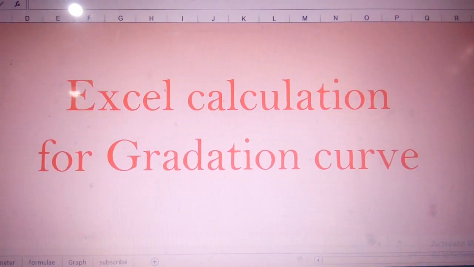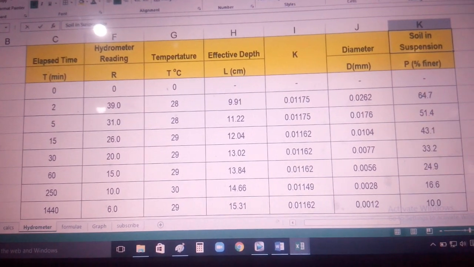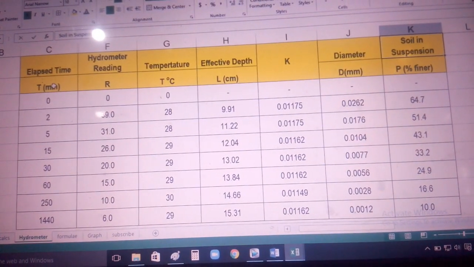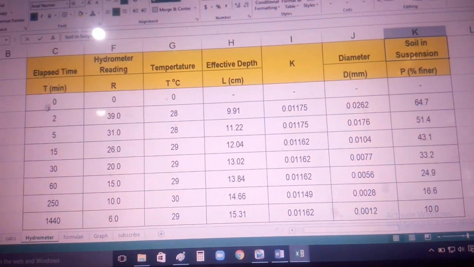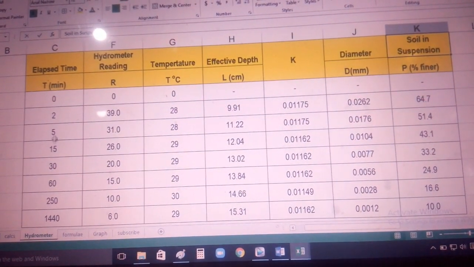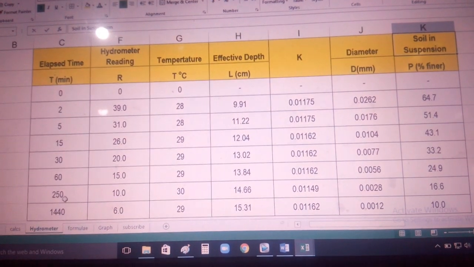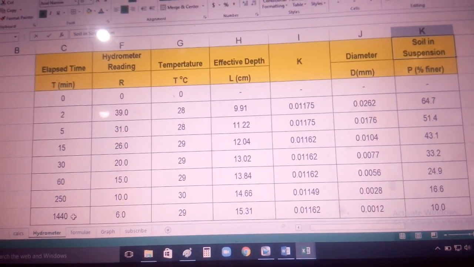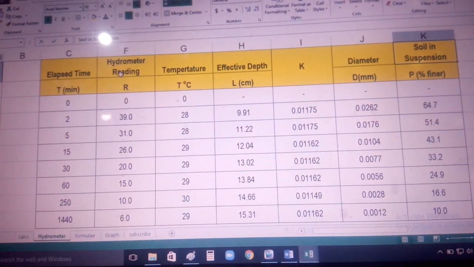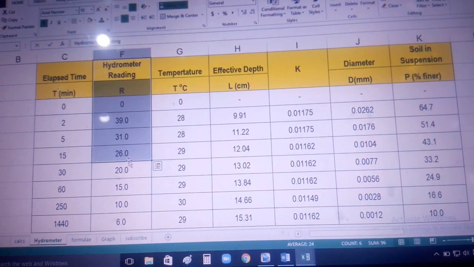Now guys, let us do the calculations in Excel. Guys, this is the table that I will use in the calculations. The first column is the elapsed time. You can see time t equal to 0, 2, 5, 15, 30, 60, 250 and 1440 minutes, for which I have taken the hydrometer readings. This is the column where I will record the hydrometer readings.